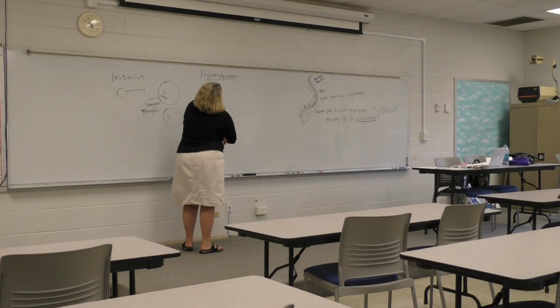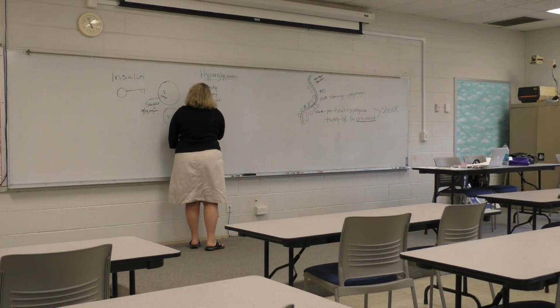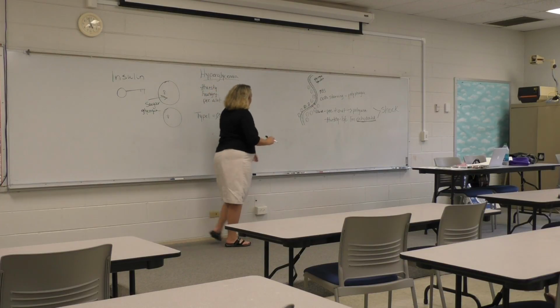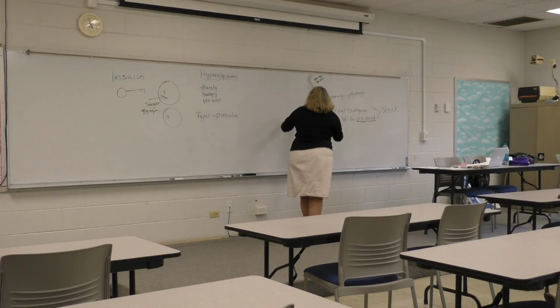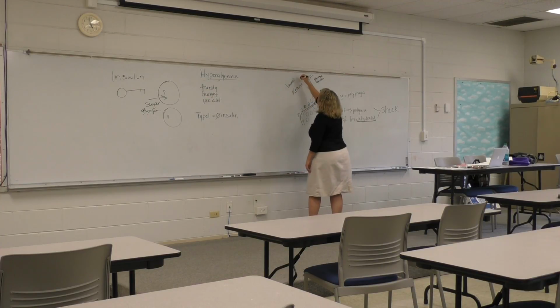Now, with type 1, we have no insulin. Type 1 has no insulin. So, if they have no insulin here, then they start breaking down the fat, they start breaking down fats. That's why they get so skinny.